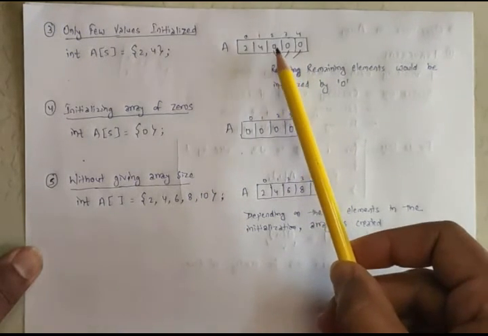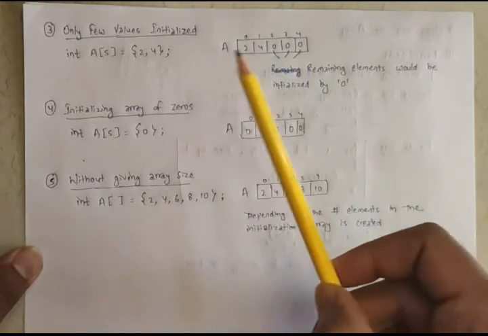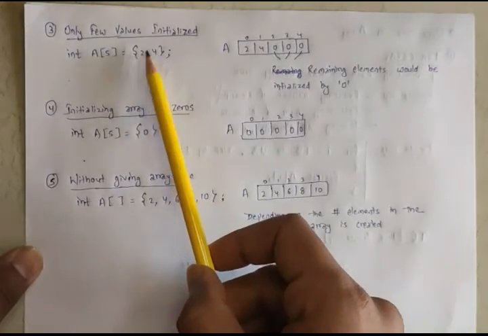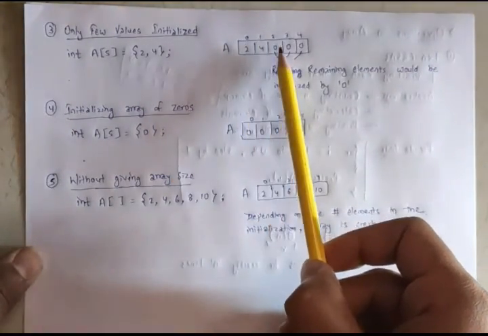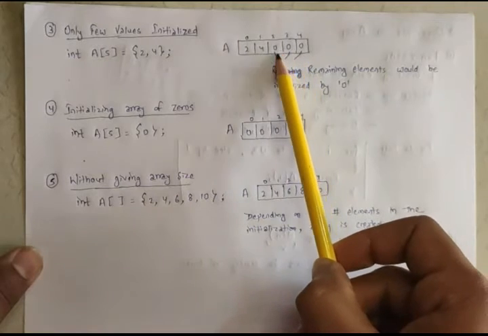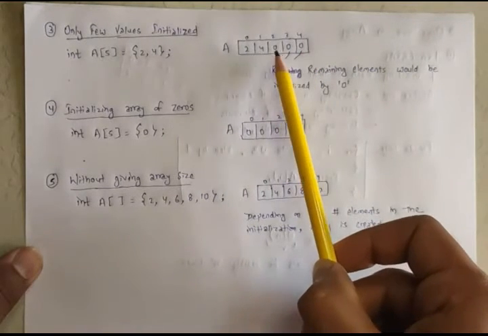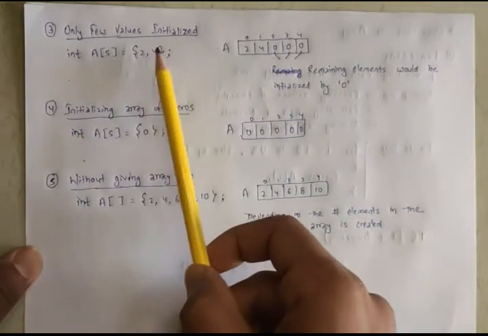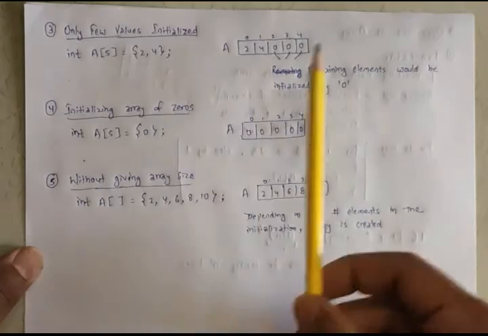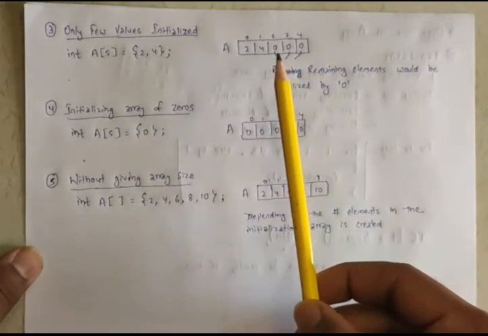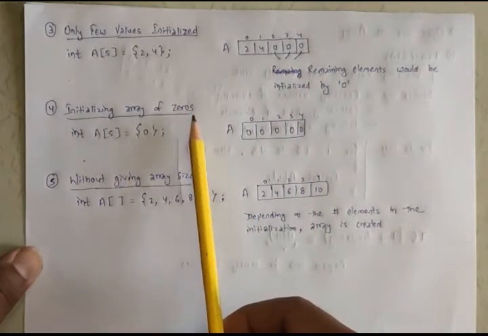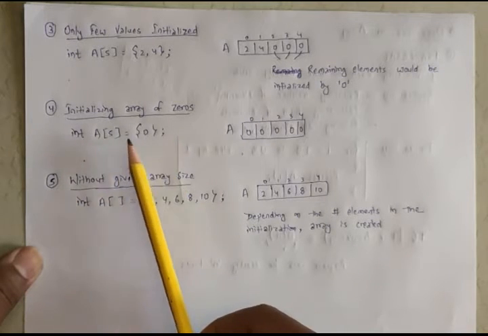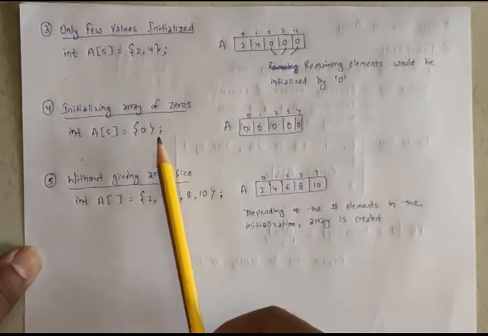This is done automatically by the compiler, because once it has started initializing the values, it would not fill garbage values in the rest of the places. Instead it would store zeros at the remaining places. This is the third case. Using this case we can initialize an array of zeros also. In several languages we have different functions for initializing an array of zeros.